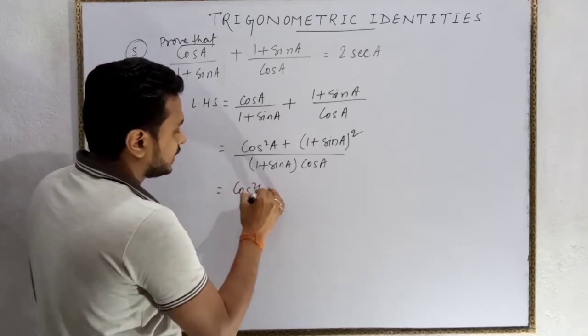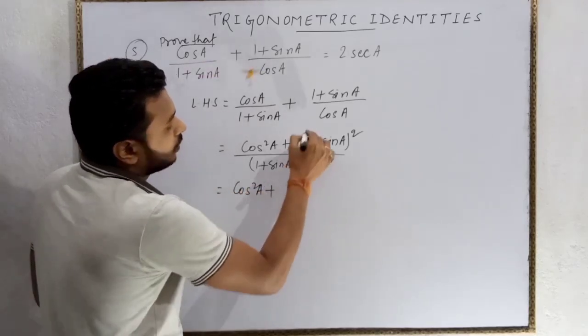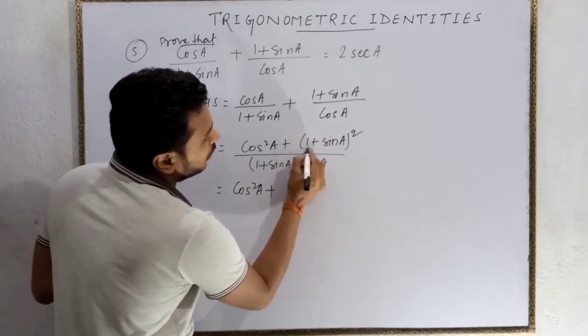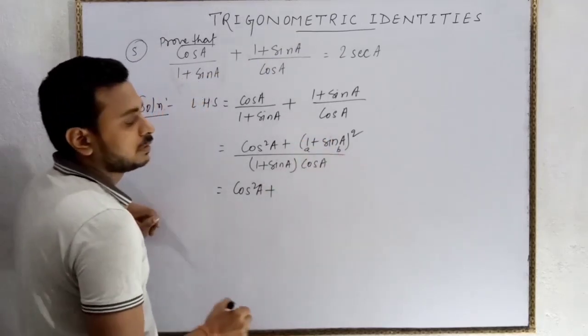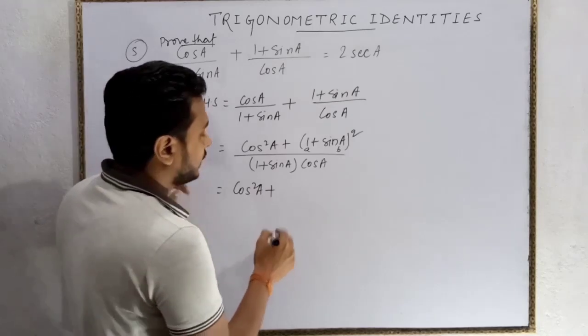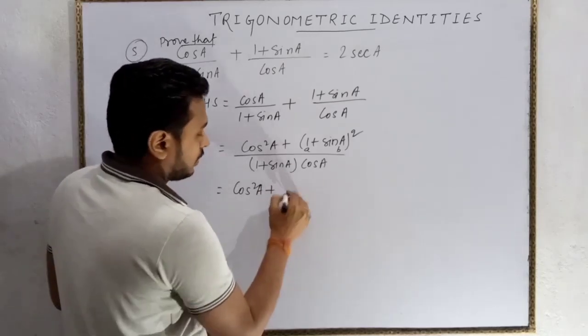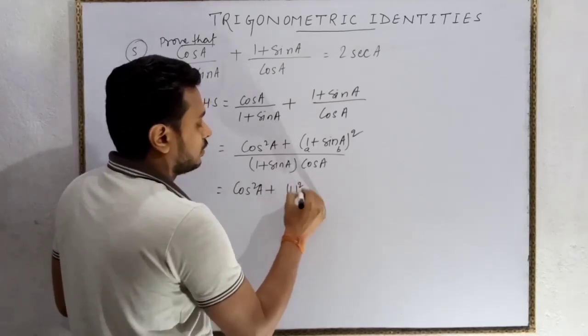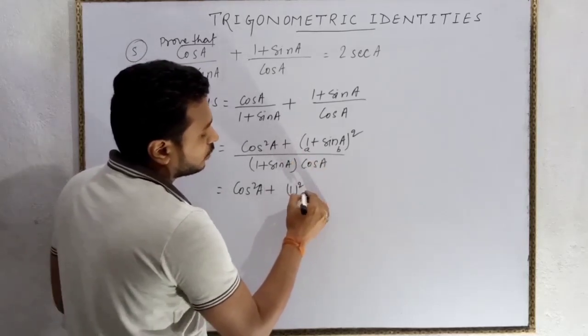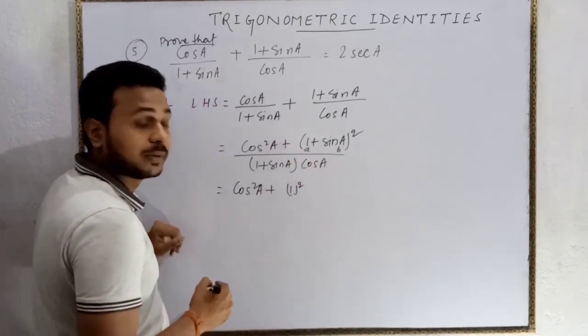If we solve this, it will be solved with the formula (a plus b) whole square, which is equal to a square plus b square plus 2ab.